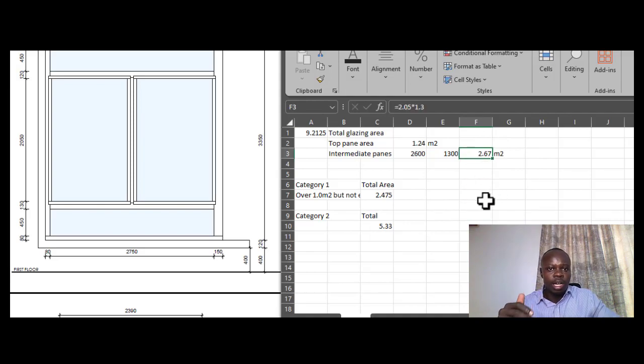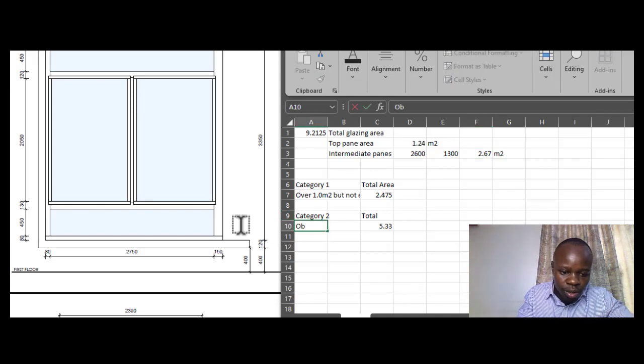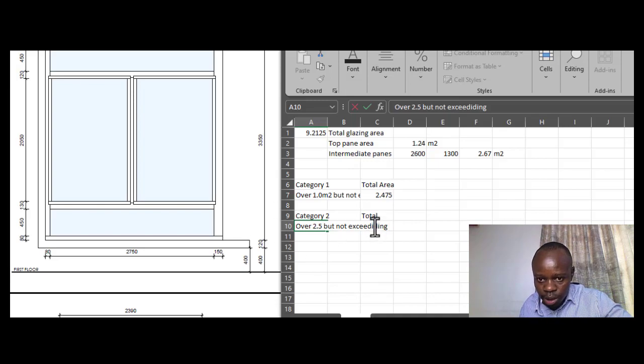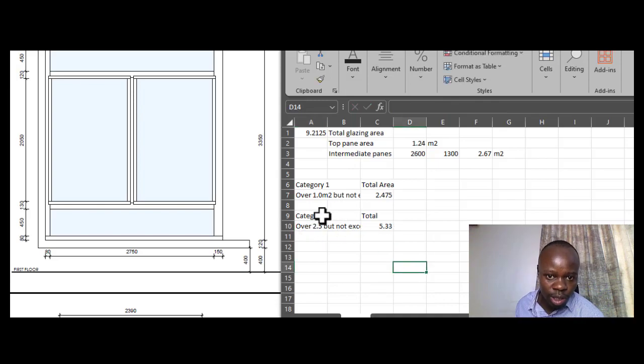So in that order of 0.5 increments in terms of the areas, it would be over 2.5 but not exceeding 3.00 square meters.